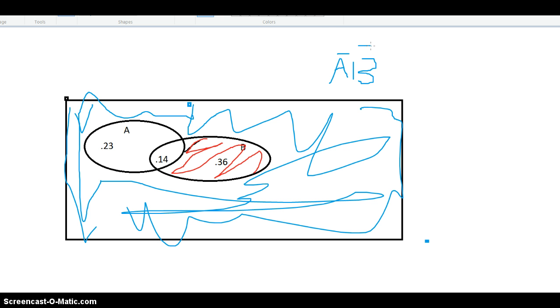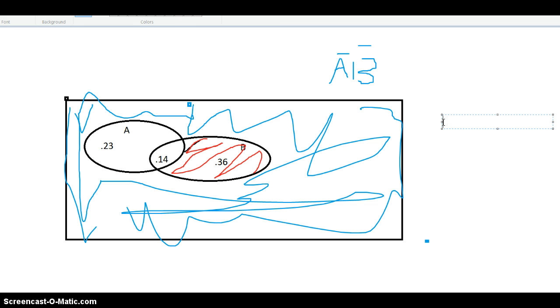So first, let's find the probability of these 2 circles, which actually is A or B. We add all these 3 numbers, 0.23 plus 0.14 plus 0.36.